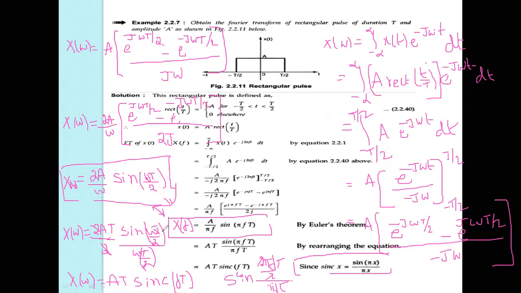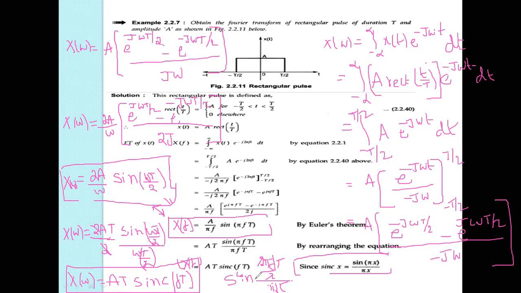So what is the coefficient of π here? It is ft. So X(omega) is equal to A t sinc(f t). Even if it is X(f) we got the same, A t sinc(f t).